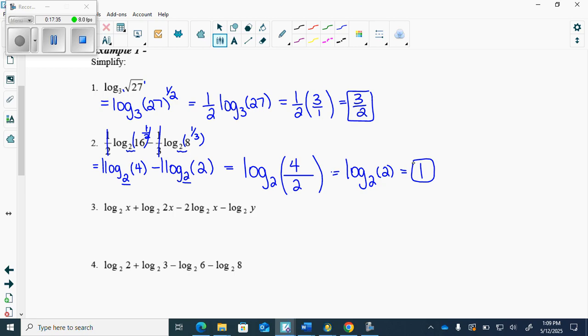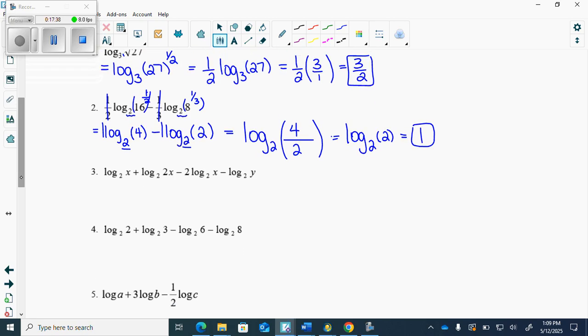You guys try 3 and 4. So, base 2, base 2, base 2, base 2 screams, put me together. Then, plus 1, plus 1, plus 2, negative 1, negative 1. Now screams put me together, correct? I need to have plus and minus 1's in front.